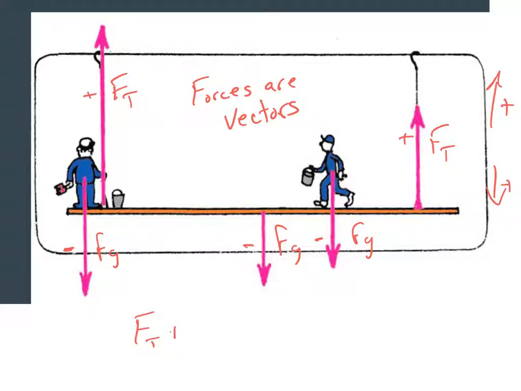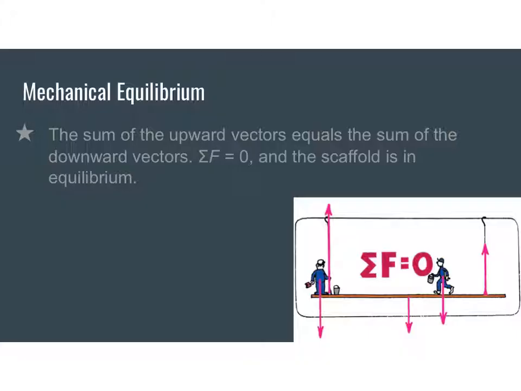So we would have F T plus F T minus F G minus F G minus F G equals 0 newtons. That's what the equilibrium looks like. Everything's balanced. The velocity of our scaffold and the gentleman on it remains 0. And here's what we just said.